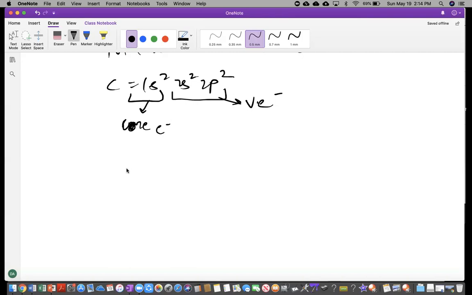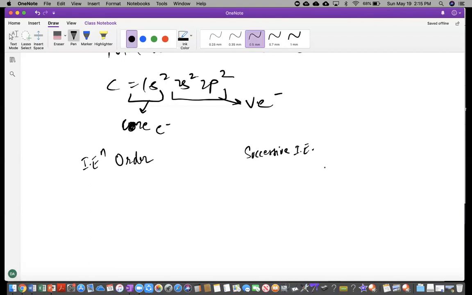For ionization energy, you're going to be asked two questions. One is for successive ionization energy, and one is putting things in order. I can give you 3 or 4 different atoms, and you have to put them in order from the smallest ionization energy to the maximum.